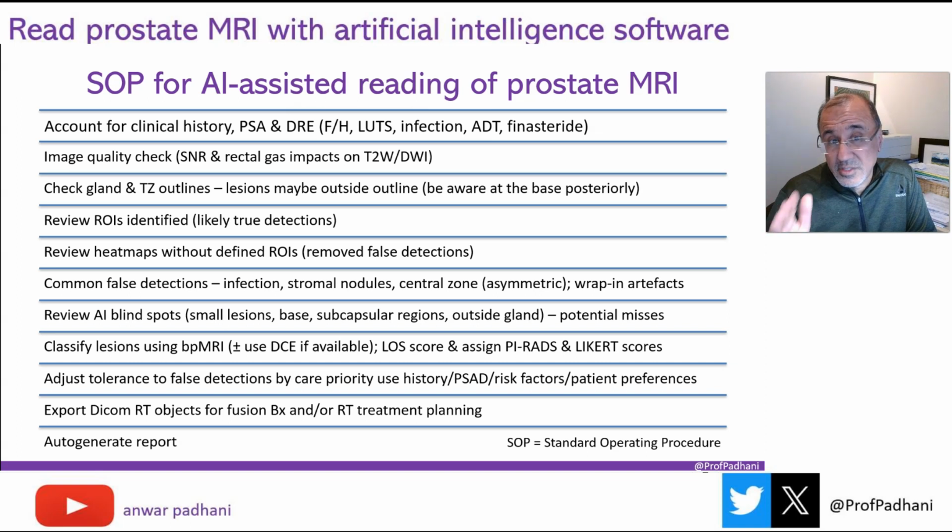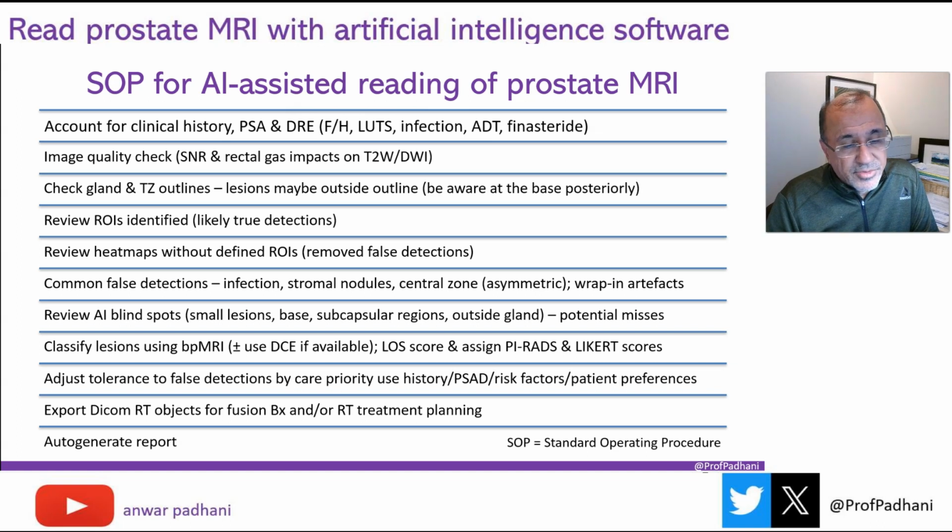Review the blind spots, remember those, small lesions, base capsule, subcapsular regions. Make sure you use the DC if it's available, and look to assign the PIRADS or LICAD scores on the multiparametric examination if that's available to you.